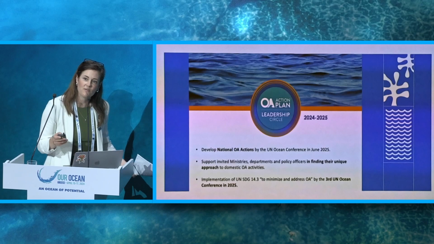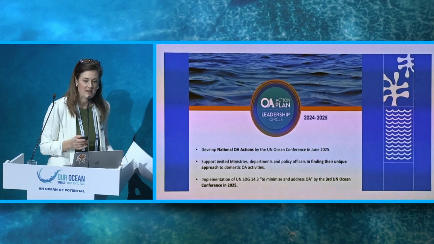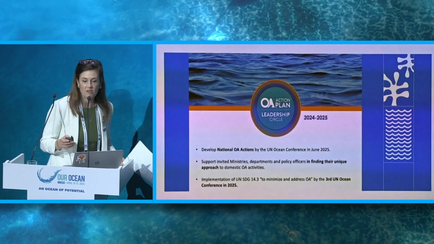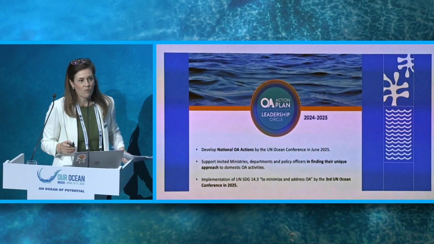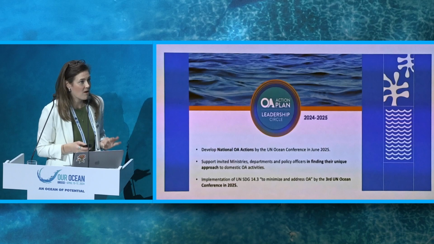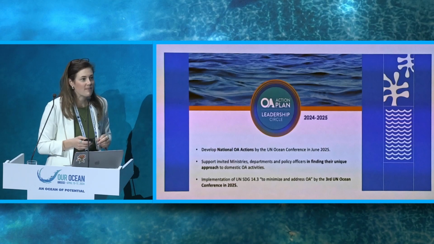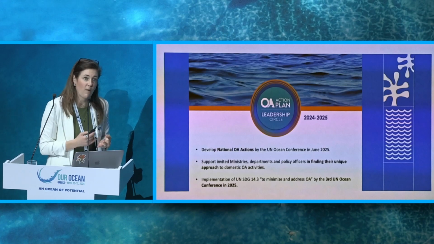And this is really a different type of approach that we're taking to help governments walk through the specific steps that we want them to undertake when they're thinking about their domestic approach. So we want to find a unique approach that's going to work for them. And right now, we're really focusing on 3 core policy frameworks and how ocean acidification information, knowledge gaps, mitigation adaptation can be incorporated across those policies.